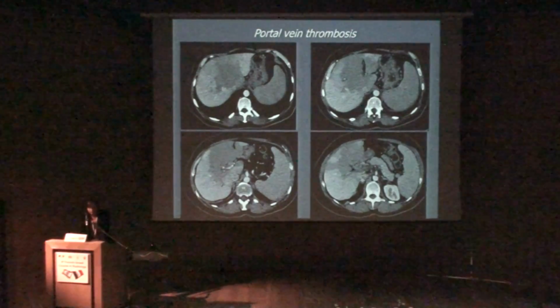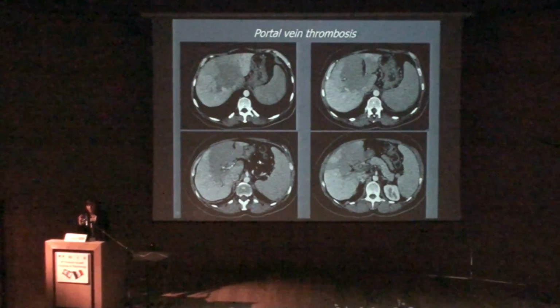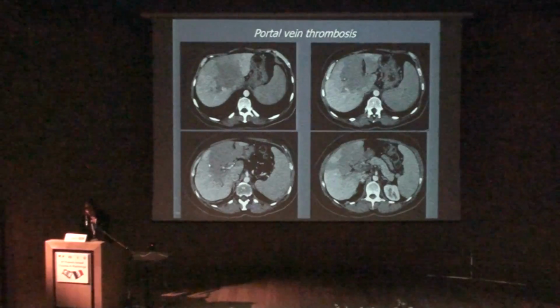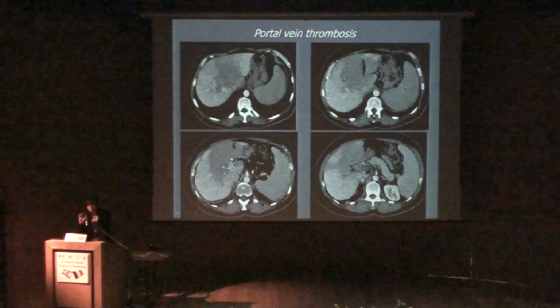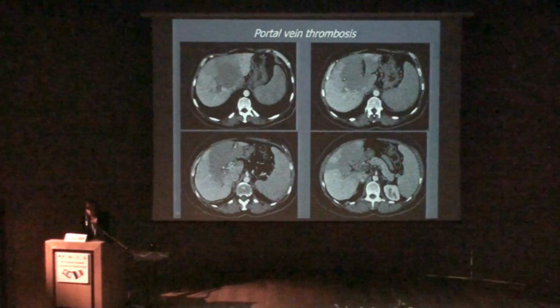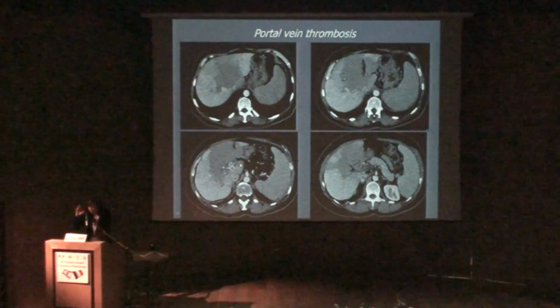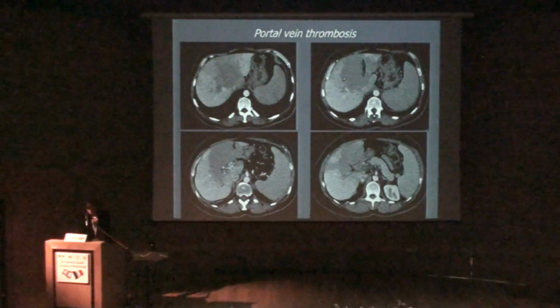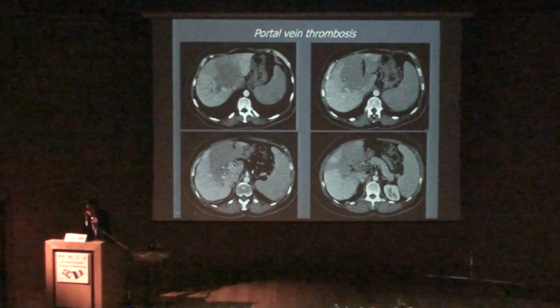And what happens in this case, very rapidly, I mean some days after the obstruction, small veins, which are called portal cavernoma, will develop and will supply the liver with portal blood. But they are never large enough to cover the whole liver. So they will really be concentrated on the central part.